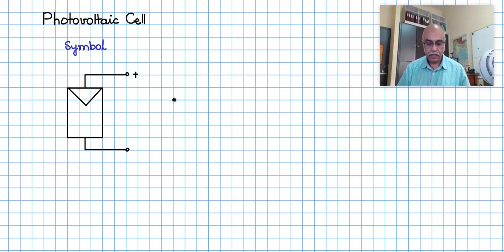Now this is the symbol of a photovoltaic cell or a photovoltaic source, and this can represent a cell, it can represent a module, it can represent a panel, it can represent an array. It depends upon where you want to use it in the circuit diagram, but this photovoltaic cell has a symbol in this form as shown.